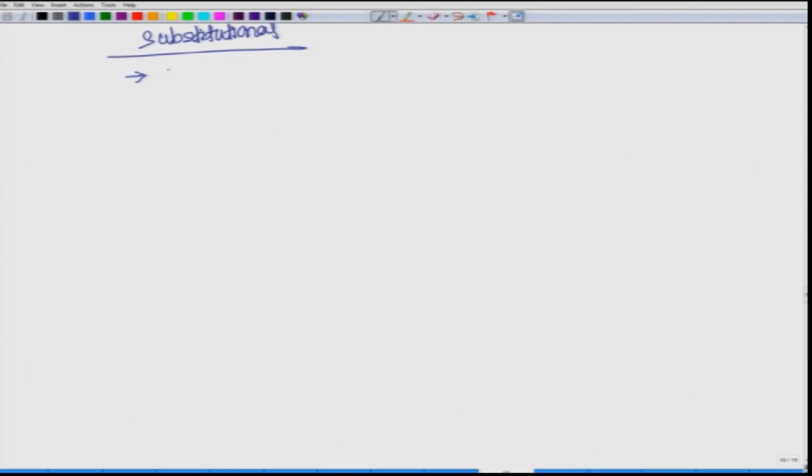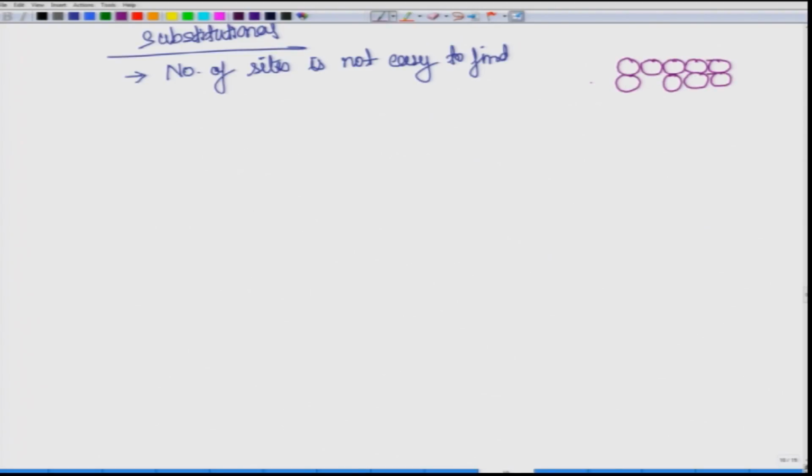So, here the number of sites is not easy to find compared to the interstitial. In fact, it will be much better if I redraw one of these with a more realistic system. So, you have, I have left this place because I want to add a different atom.